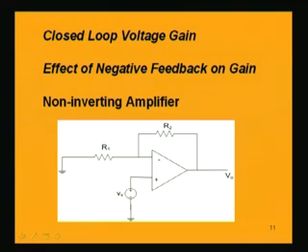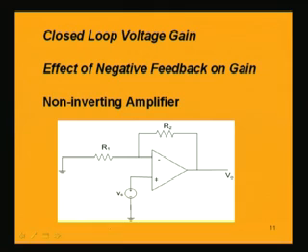Now, if we look into this circuit, this is a non-inverting amplifier circuit we are taking just as an example. In all the applications which we discussed earlier, like non-inverting, inverting, differential, integral op-amps, etc., everywhere you will be getting this effect.